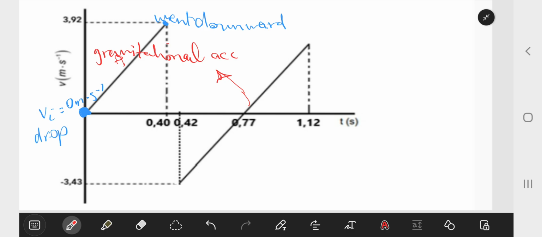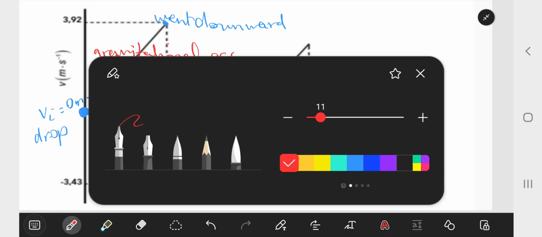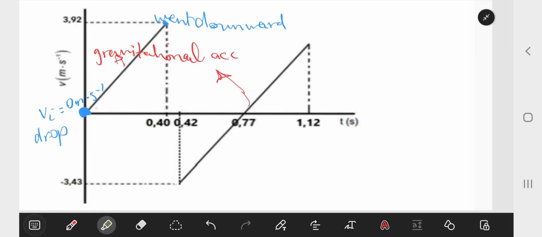The following question is, what is the physical quantity represented by the area under the graph? The area we're talking about is the area between the graph and the time axis, or the x-axis. That area represents your displacement.